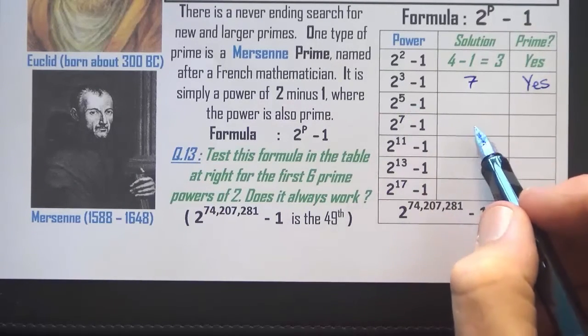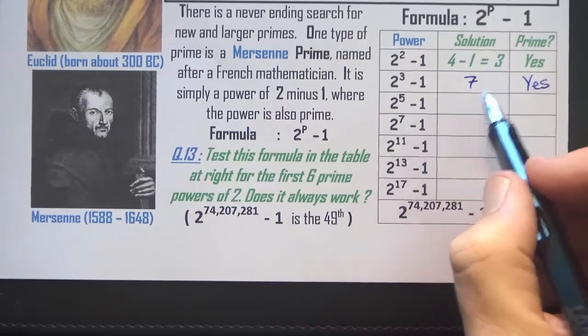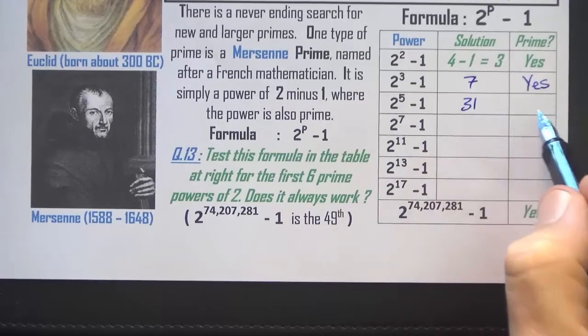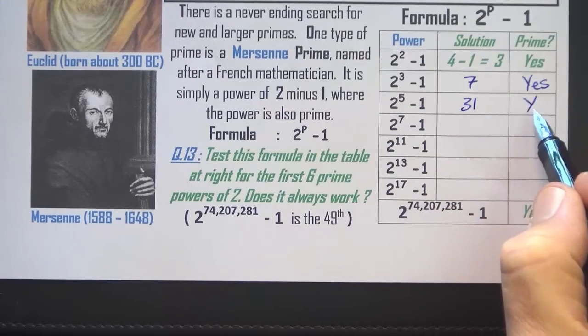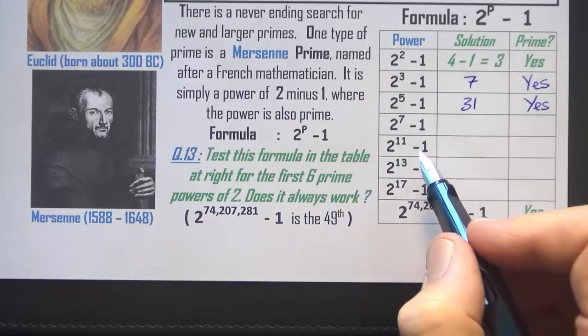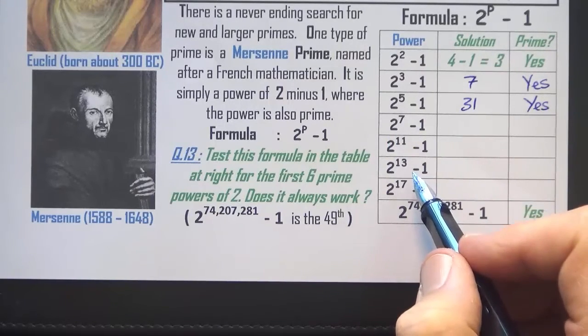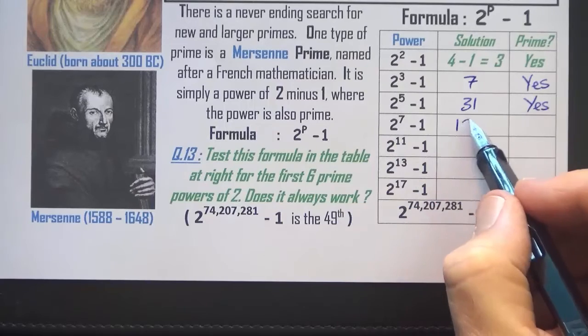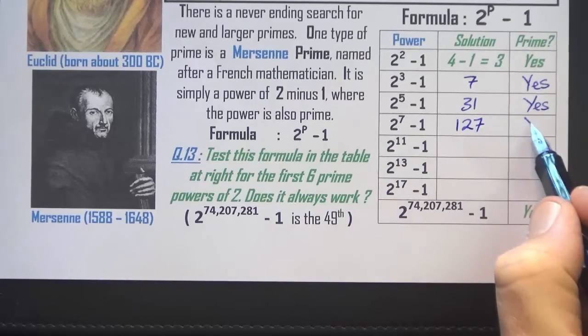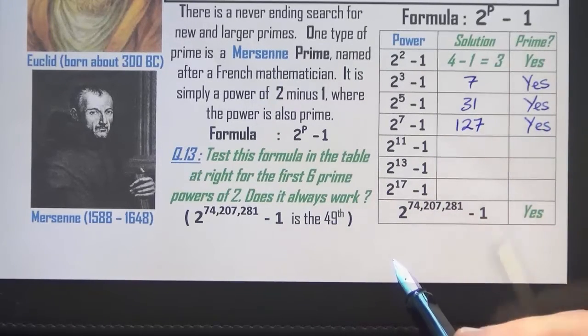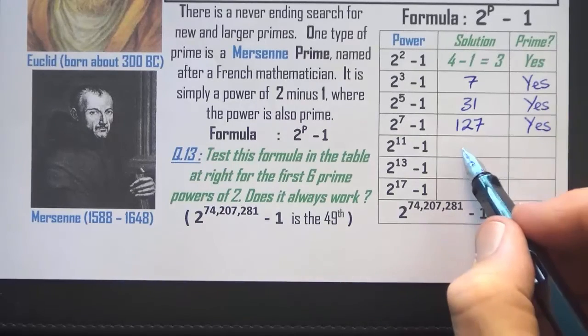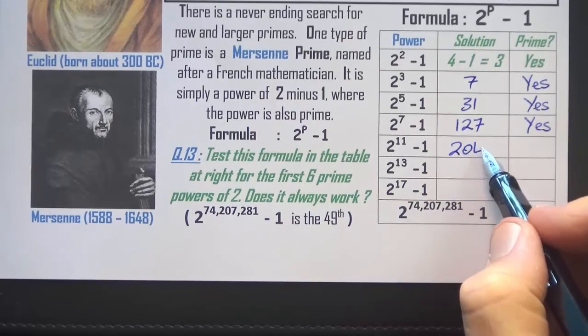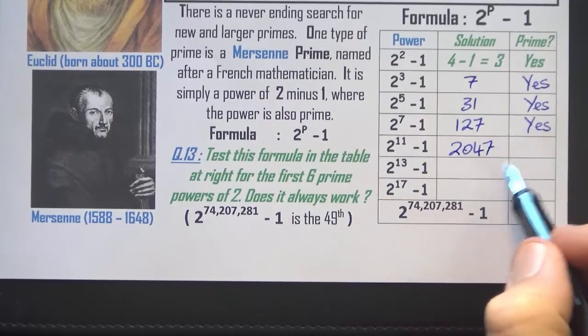Two to the fifth power minus 1 is 32 minus 1 is 31. Is that prime? Yes. 2 to the 7th power is 128 minus 1 is 127. Prime? Yes. 2 to the 11th power minus 1 is 2047. Is that prime?